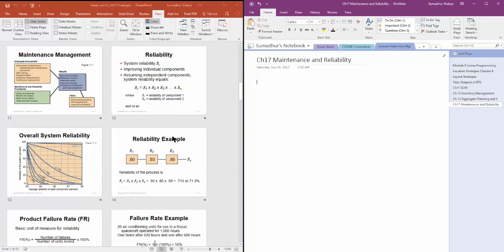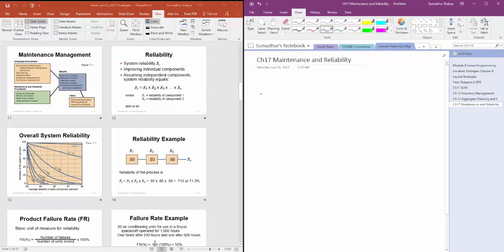To give you an example, if an individual component is 0.9 and is in series with another component at 0.8 and another component at 0.99, there are a couple of ways to look at this.